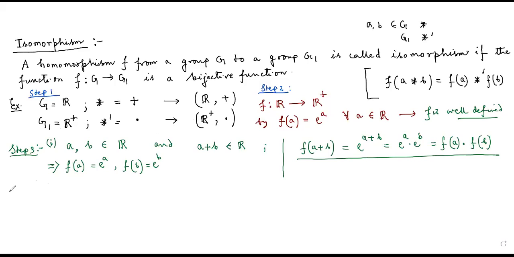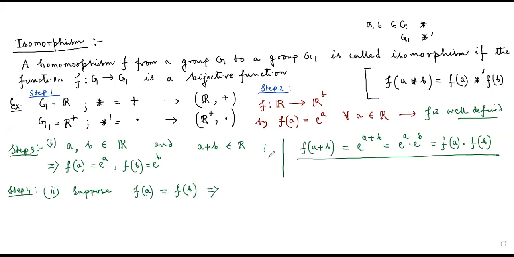Now step 4, or you can say the property 2 that I'm going to check, is about the one-to-one property of the function. Suppose we are choosing that for two numbers A and B, the functional value of A and the functional value of B are the same.